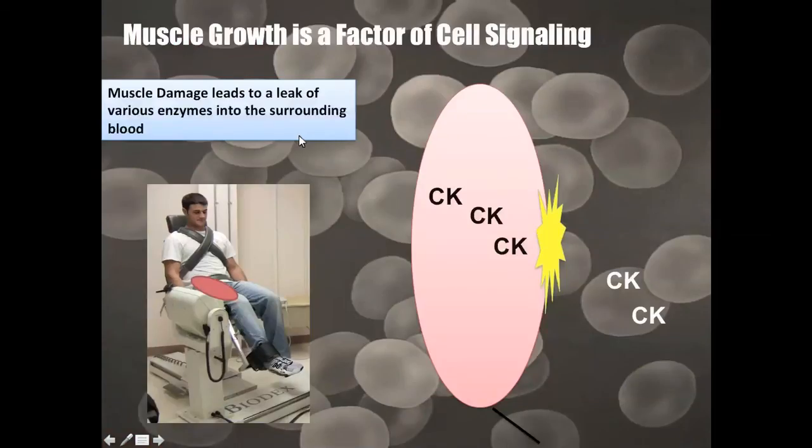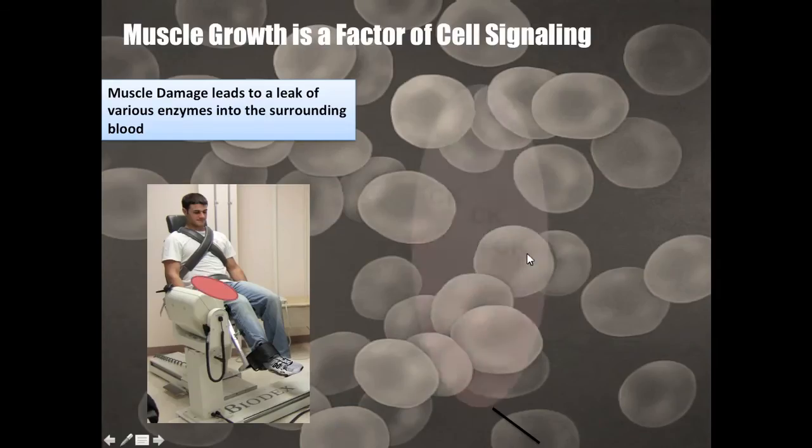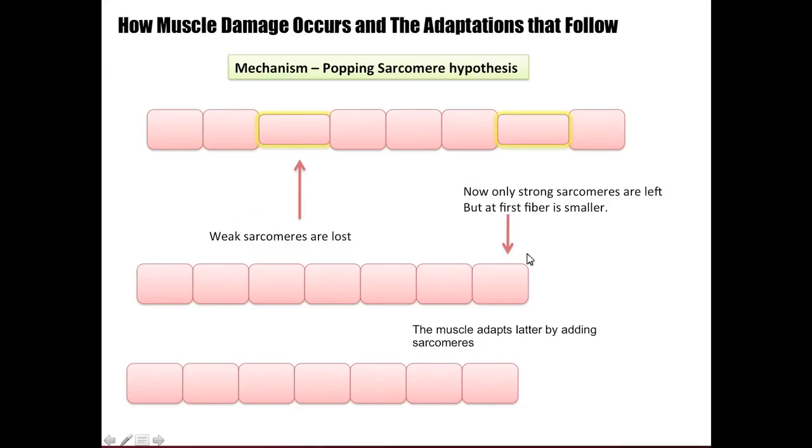And if you go back here, you can see that under the microscope there. Okay, we also see with MRIs that initially with a high, heavy resistance strain bout that sometimes the size of the muscle goes down once the swelling has dissipated. So now the weak sarcomeres are lost, and when you come back the next week, only the strong are there, so they don't get the damage.